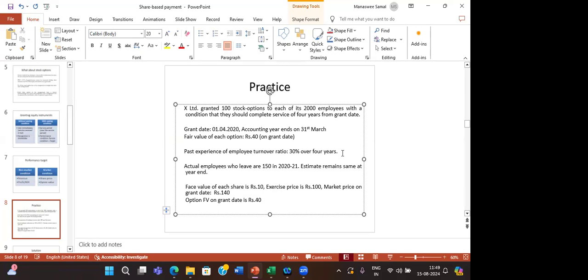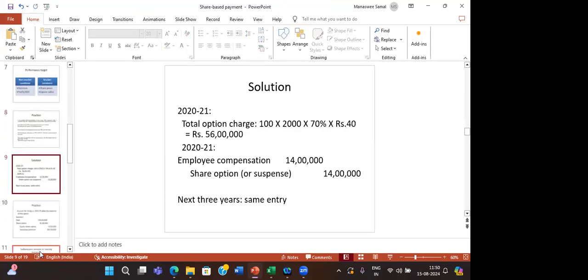And then you experience that in 2021, actual employees who left you is 150. But your estimation of 30% remains unchanged. If that remains unchanged, then you are not going to revise the calculation of options value based upon 1400 employees. Okay, let us go and check what happened in the past year 2021.